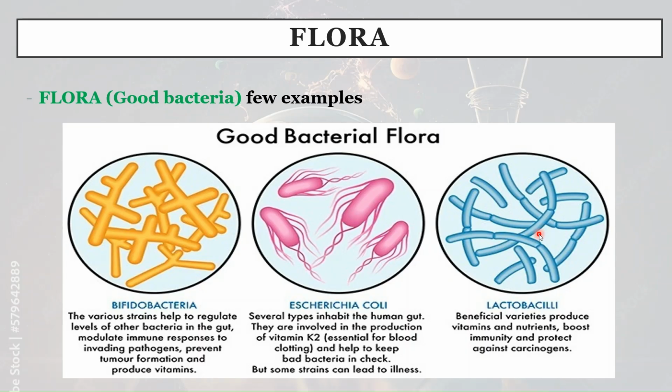Otherwise, you can keep it this way also. If it remains in the large intestine, it is called good bacteria. And if it remains in your mouth, esophagus, stomach, and small intestine, they are generally bad bacteria. So this way also you can keep a memory. Generally, good bacteria will be available in the large intestine.